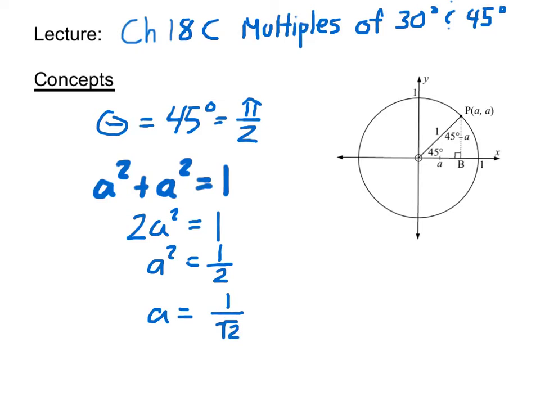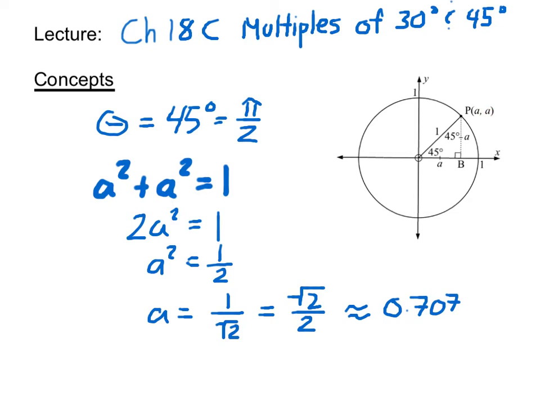And remember, we like to rationalize our denominators, so this is really square root 2 over 2. And that can be approximated to a decimal using our calculator, and we're going to get about 0.707. Because this length of the triangle is the same as this length of the triangle, the x and y coordinates for the point P are the same.